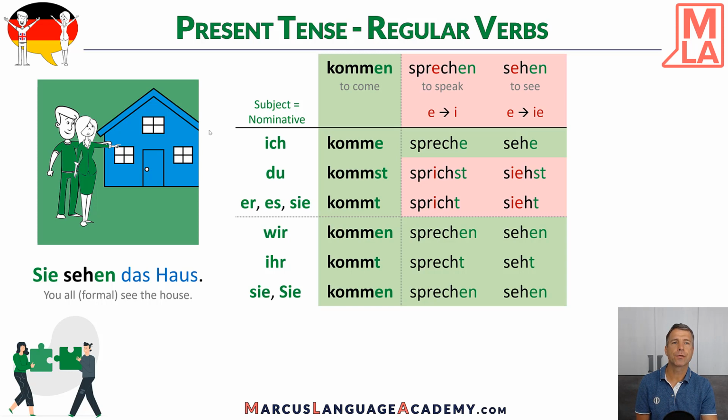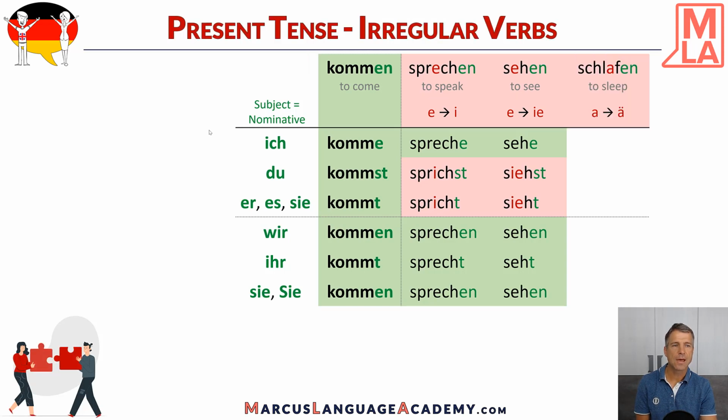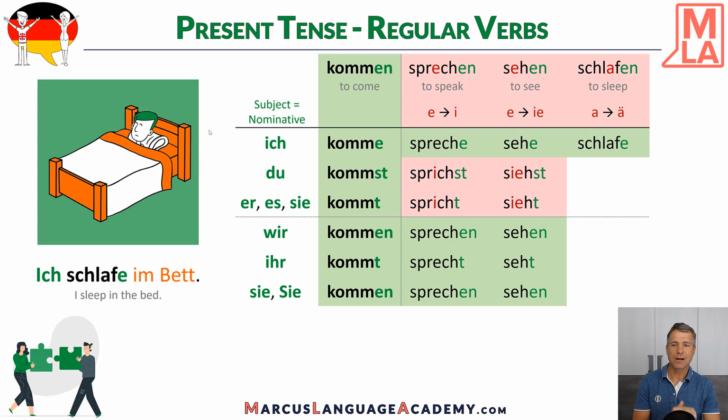And there is a third group, and here we have another example, schlafen, to sleep. Here the A of the root changes to A umlaut, with the dots. So here, first person again, regular. Ich schlafe im Bett. I sleep in the bed.